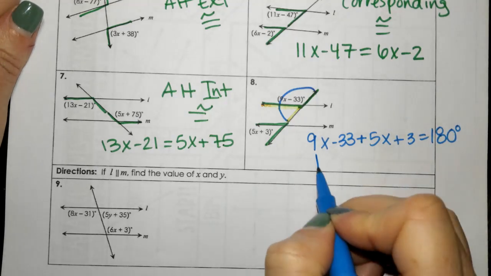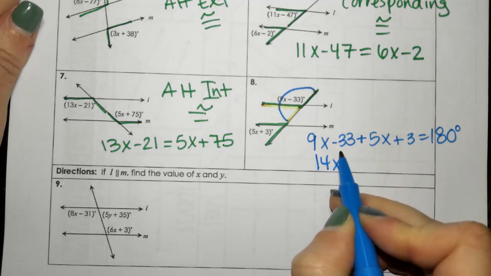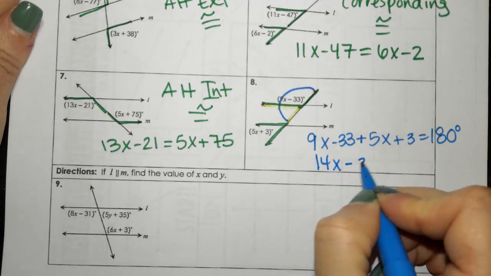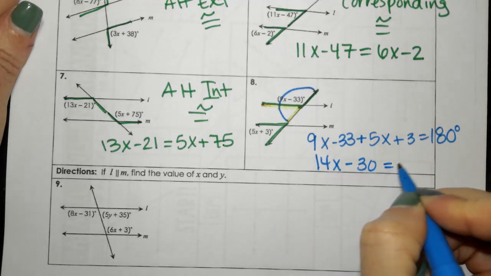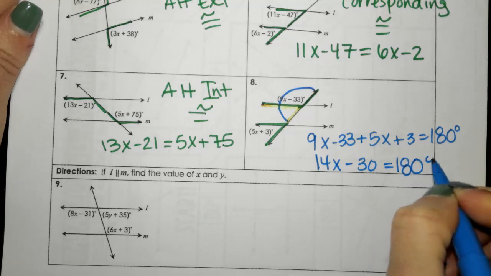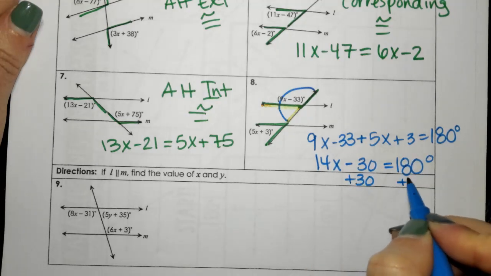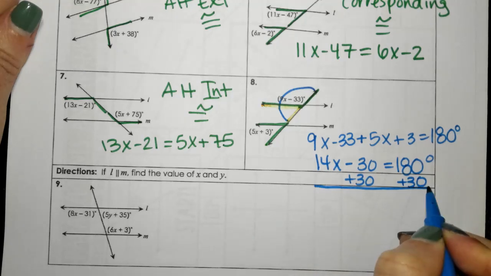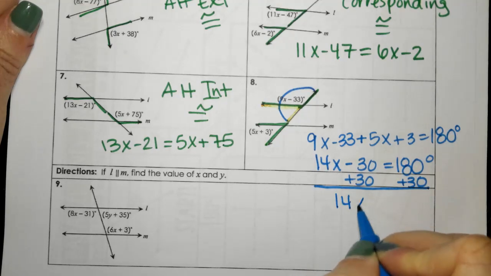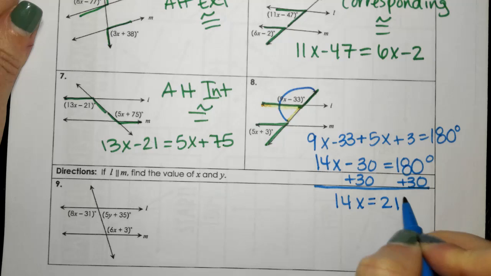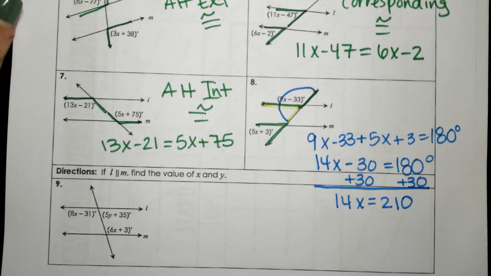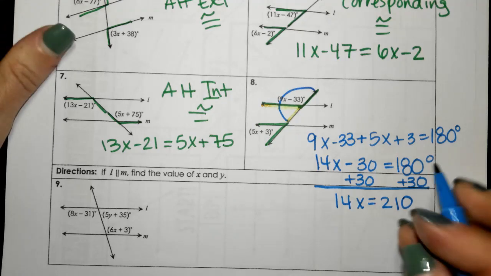We combine our like terms. 14x, negative 33 plus 3 would take us to negative 30 equals 180. Add 30 to both sides. And then 210 divided by 14 would give us 15.